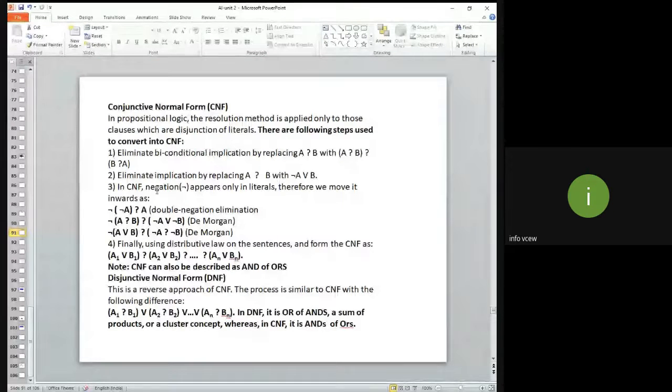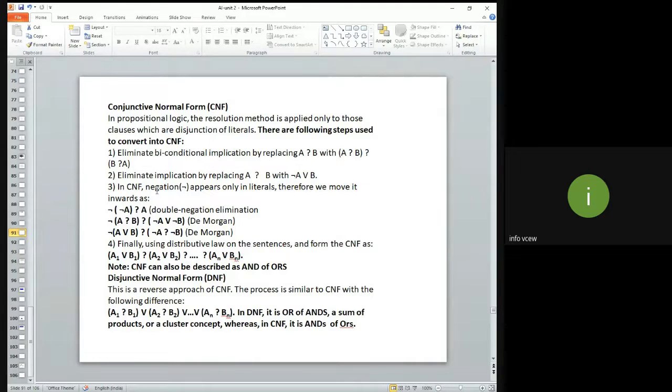So to convert to CNF, you follow three procedures. First one, eliminate biconditional implication. That is A ↔ B, a true statement. Suppose you also want to find B → A, then you eliminate that statement.